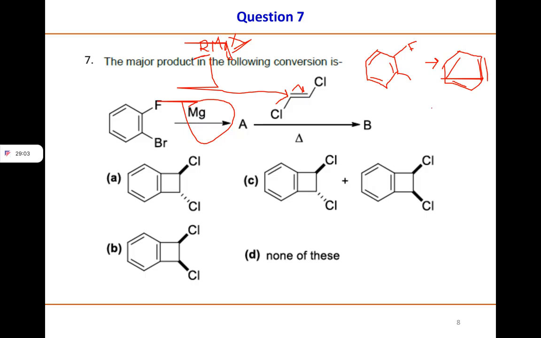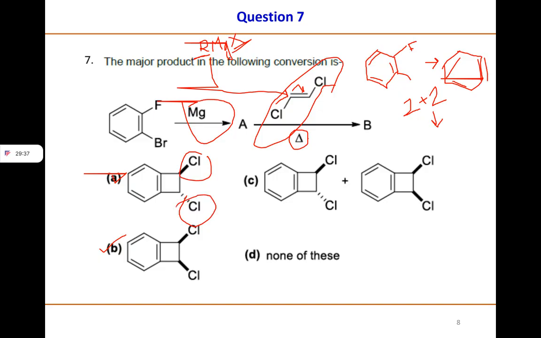Then 2 plus 2 cycloaddition will take place. Because 2 plus 2 in thermal condition gives inversion, and here we have trans stereochemistry of this dienophile, we will get the cis product. So the correct answer will be option B, because in the first case, A has both Cl groups trans, right?